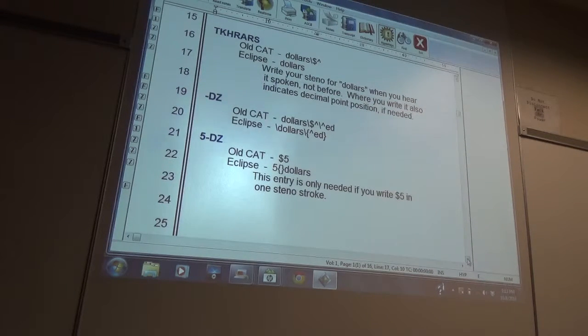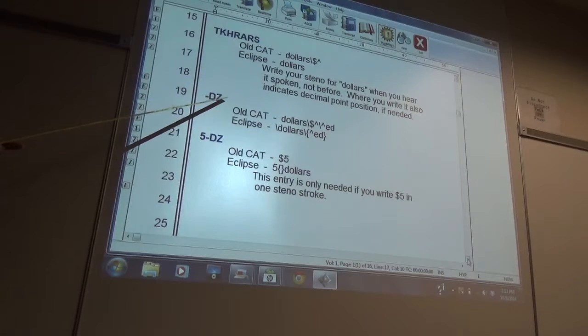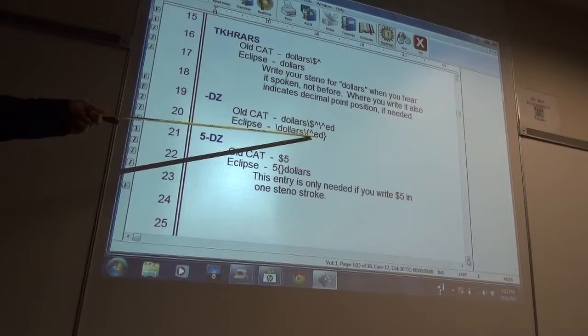Okay, here they're talking about the old way of doing dollars. If the way you write dollars is DZ, and it knows that it's going to do it that way, great. If you have a habit of dragging the Z with your D, then you're going to have to create a conflict.